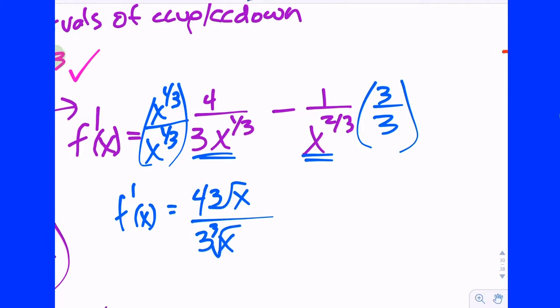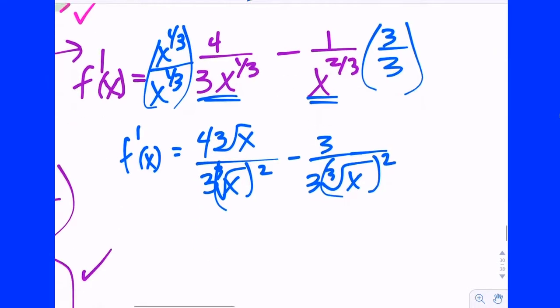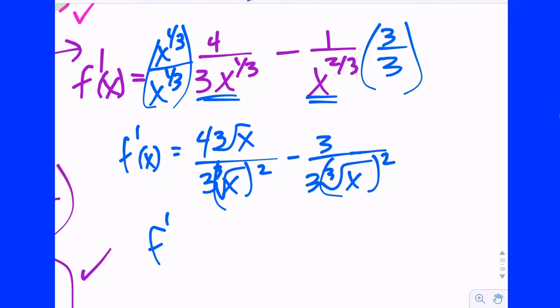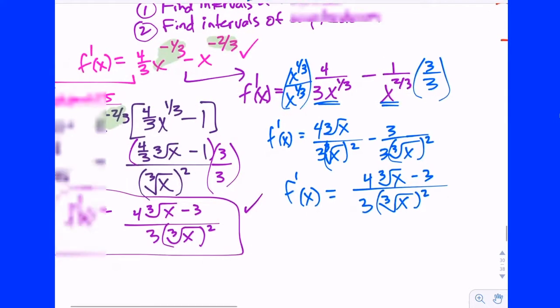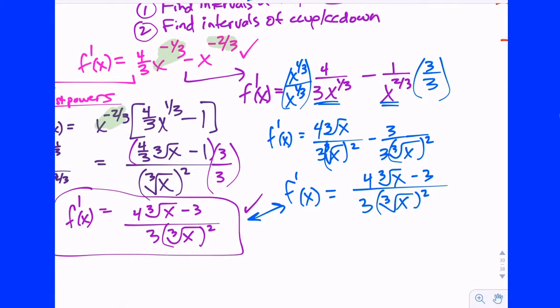So that'd be the cube root of x squared. Minus 3 all over 3 cube root of x squared. And when you have two terms with the same denominator, you can now add them together and put them all over that common denominator. And notice that you end up with the exact same thing that we have right here.